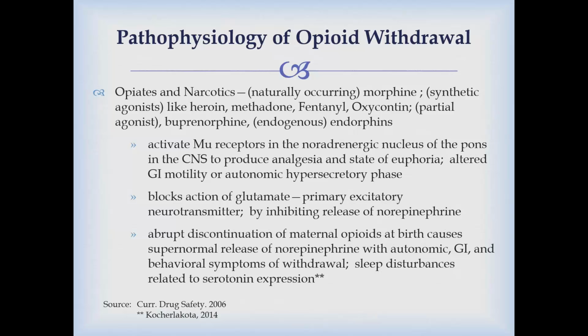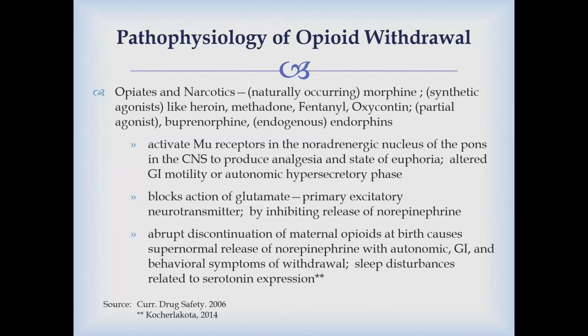These activate the mu receptors in the noradrenergic nucleus of the pons in the CNS, and it produces a state of analgesia and euphoria. There are also significant alterations in GI motility, and autonomic hypersecretory phases can be seen in the newborns.